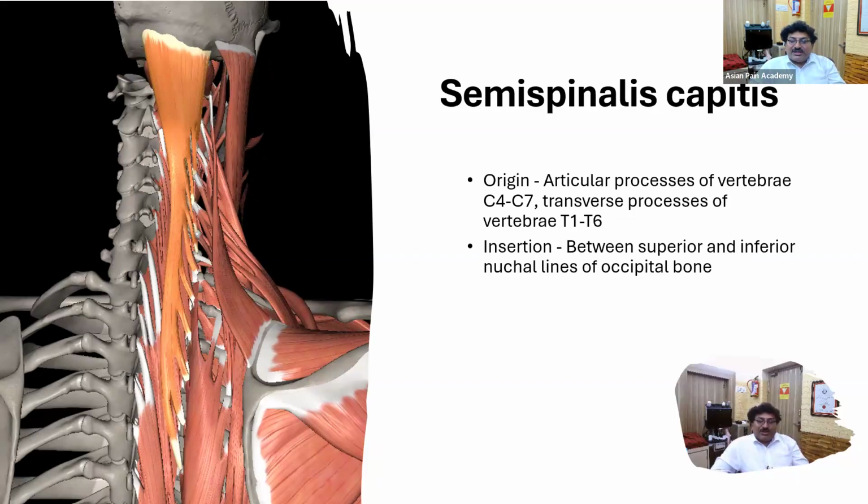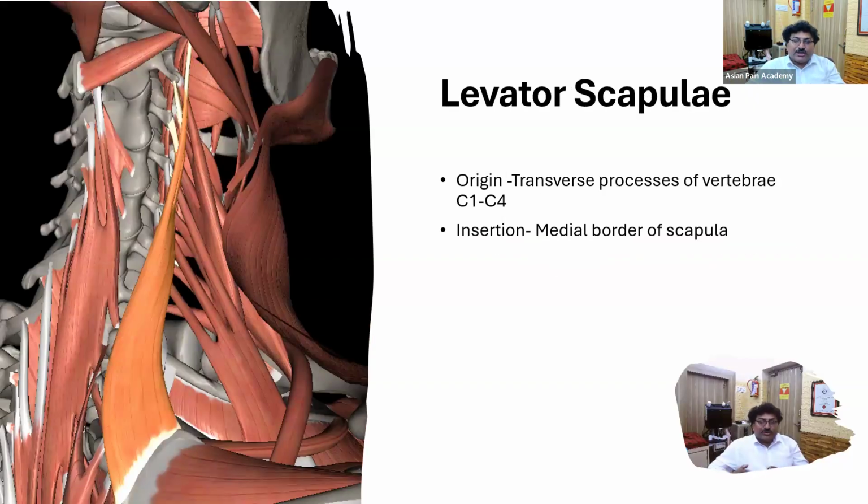This semispinalis muscle is important because one very important nerve, the greater occipital nerve, winds underneath this muscle and then pierces this muscle, then pierces trapezius, then it becomes superficial. Sometimes when affected, it can cause pain which is known as the cervicogenic headache, or whenever it is affected by neuralgia, it is known as the occipital neuralgia or greater occipital neuralgia.